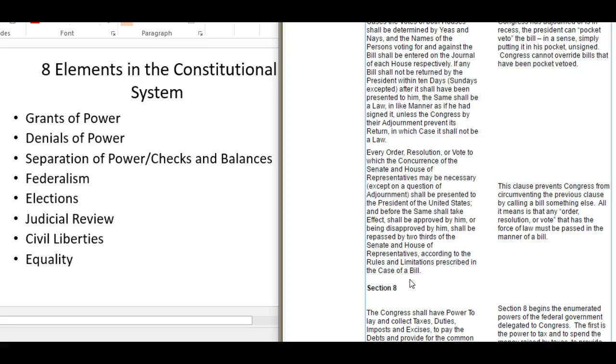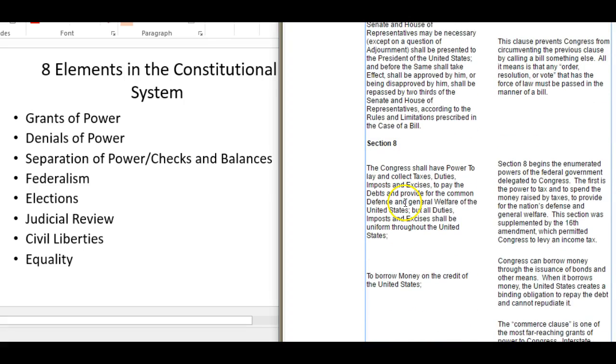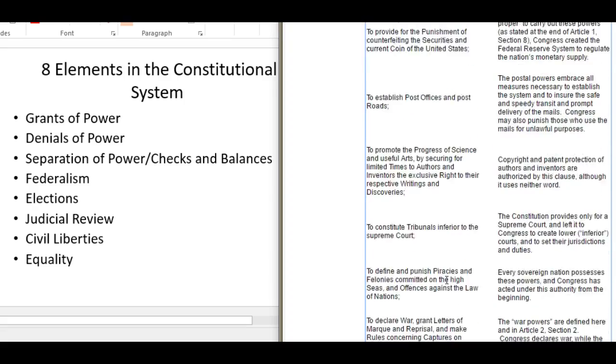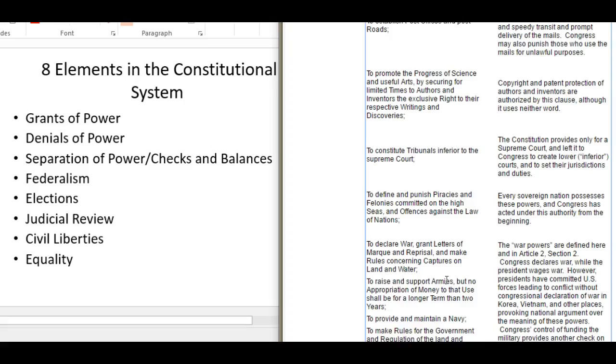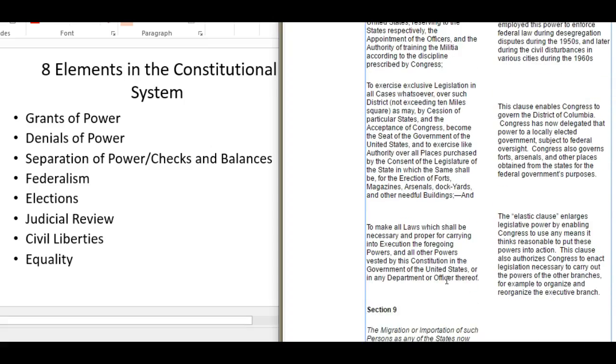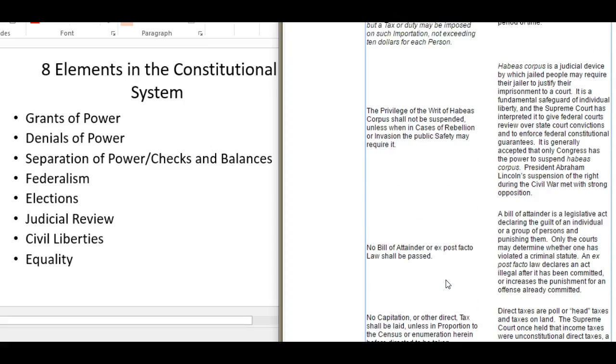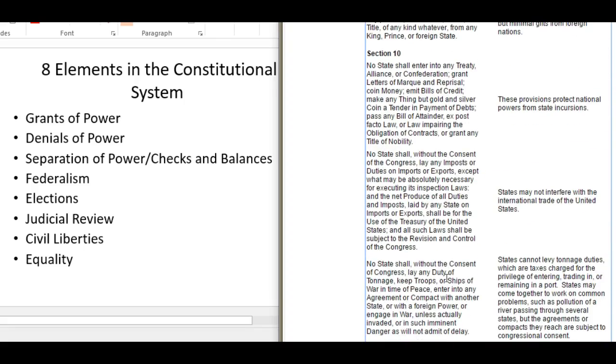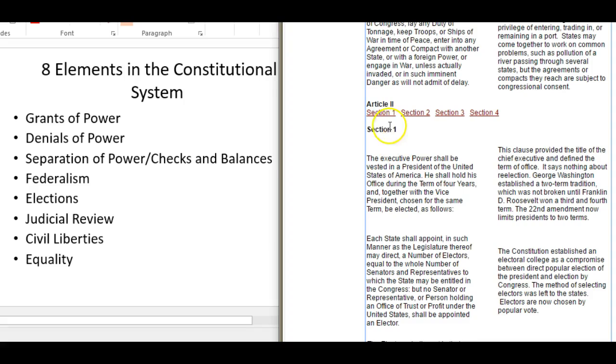The lawmaking process. And Section 8, Congress shall have power to. You'll see a list of things here. And Section 9, Section 10, and here's Article 2. So 8 powers, 9 denials of power, and then we'll look at Section 10.